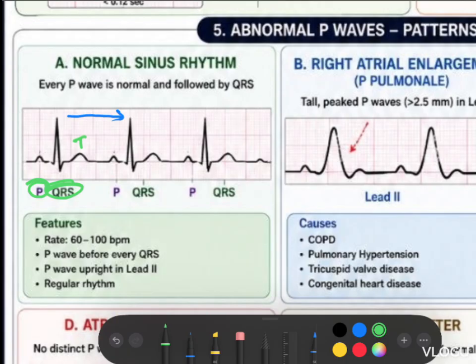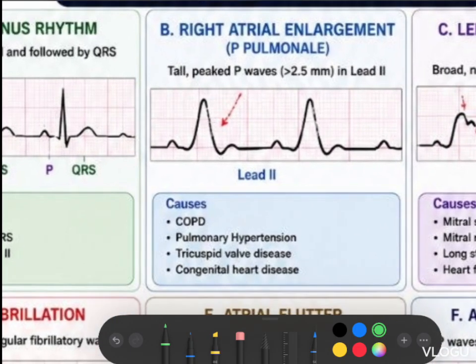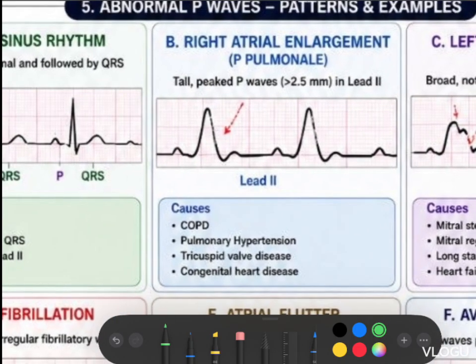So, abnormal P waves. Now let's move to clinical medicine. If you are seeing this, that is right atrial enlargement. How can you tell it is right atrial enlargement? You have to look in lead 2.